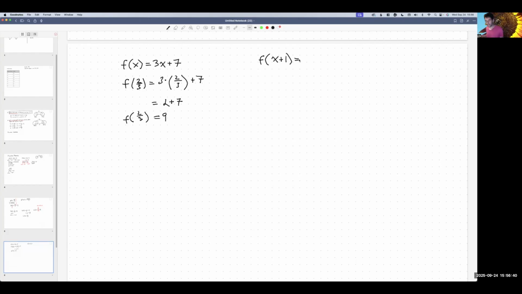All right? What I'm saying here is I'm just letting x plus 1 represent the input. So let me rewrite my function down here using this more cumbersome notation. It's getting really slow. It really can't keep up with me. 3 times the input plus 7.